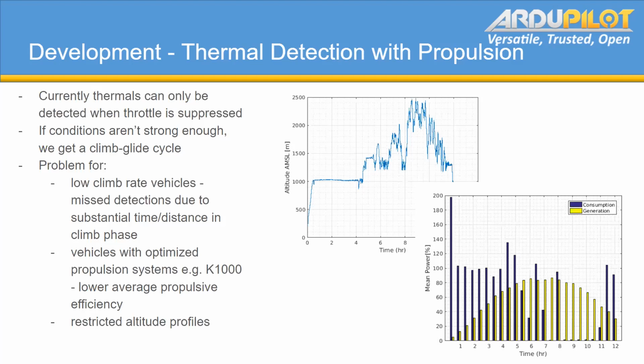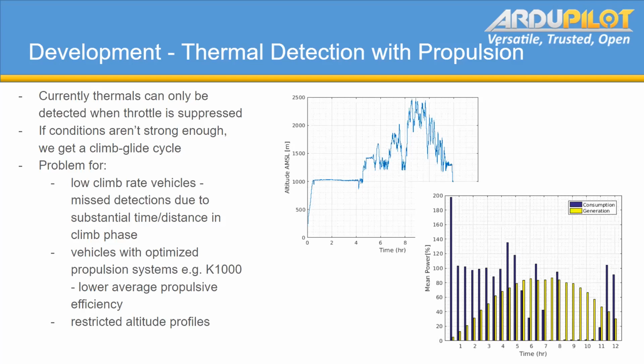Okay. So right now, to sum up, we only detect thermals when propulsion is suppressed, because we don't have an adequate correction for what effects the propulsion introduces. And this can actually cause a problem in some conditions.